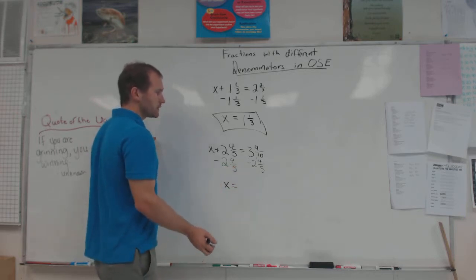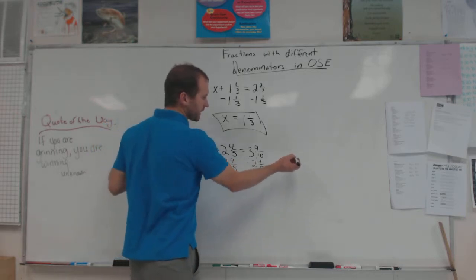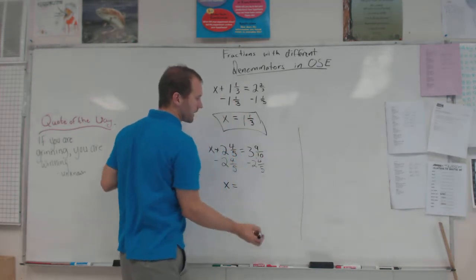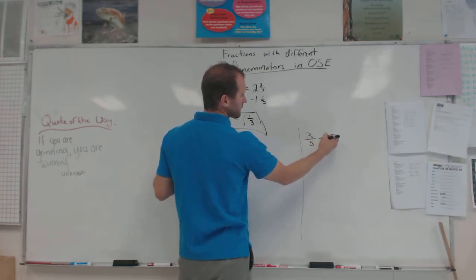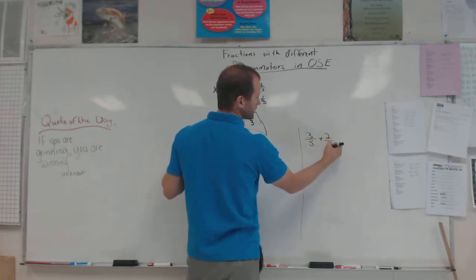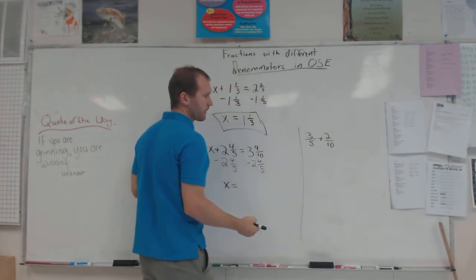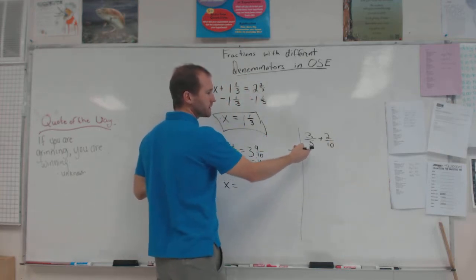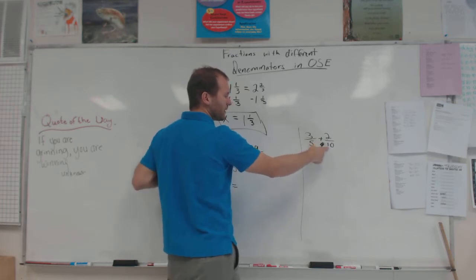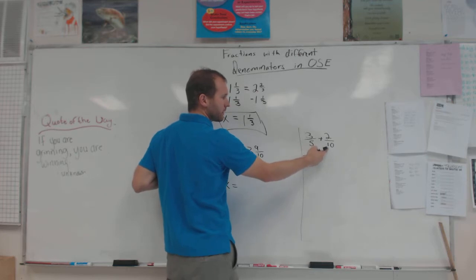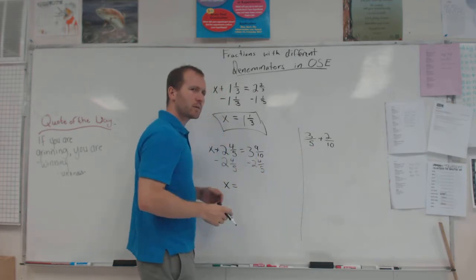Okay. So the way we do this, let's just do kind of an example on the side. If I have 3/5 plus 2/10. The thing that I have to do is change my denominators to be the same. I have to ask myself, what is the least common multiple of 5 and 10? Does anyone know what that number would be in this case?